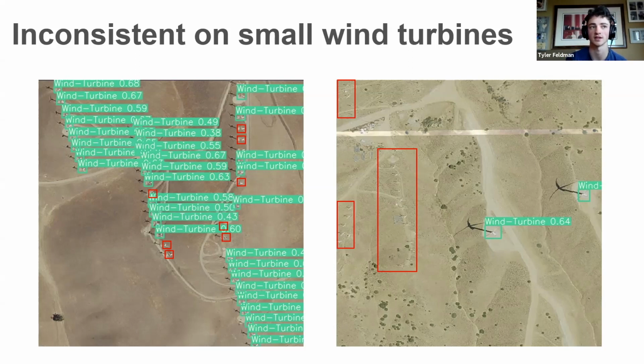That just indicates the model is not very robust at generalizing to these different domains, but it also hasn't seen these small wind turbines before, so you can't just attribute it to not being able to generalize, because they are fairly different. And that's kind of expected. If it hasn't seen examples of a model, then it's not going to perform well on them.